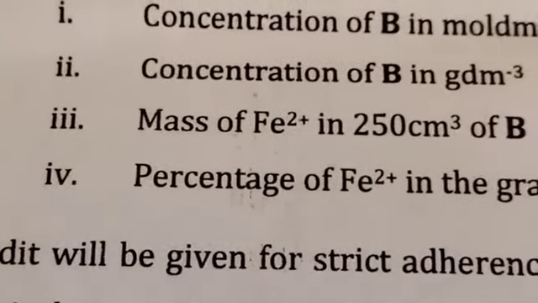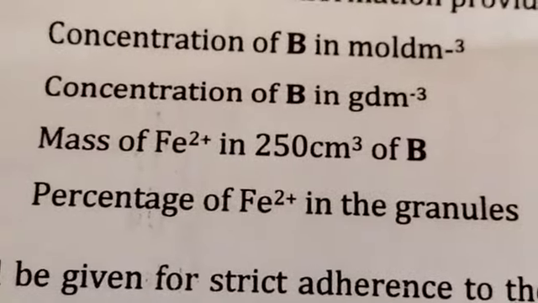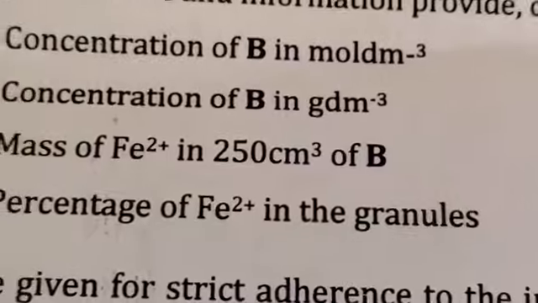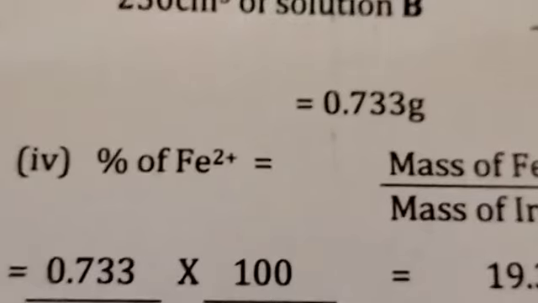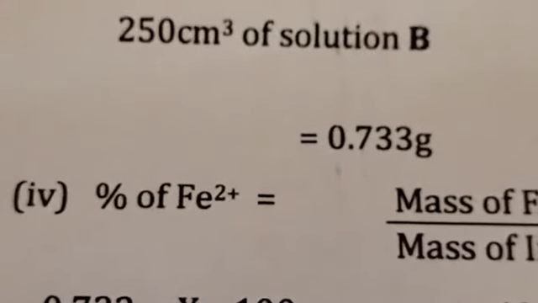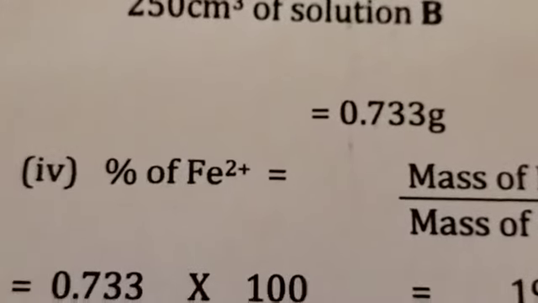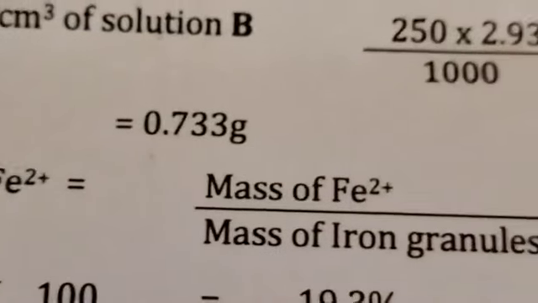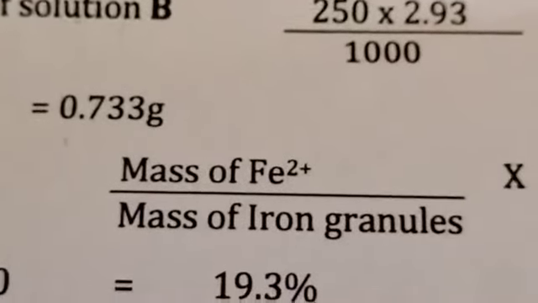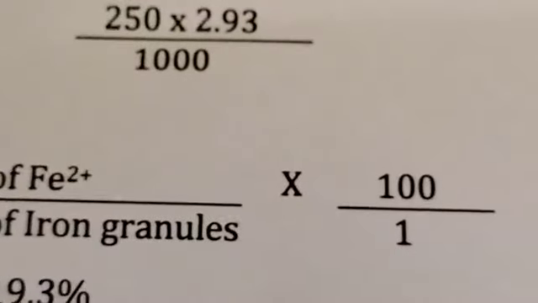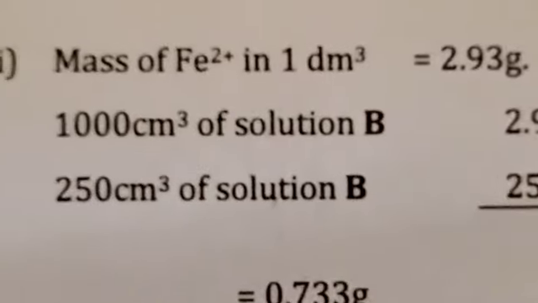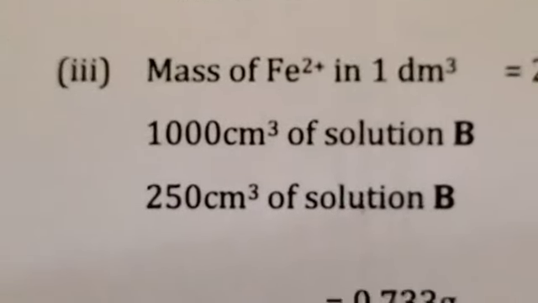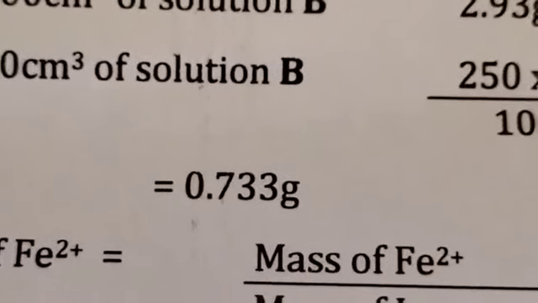Question IV says percentage of iron 2 in the granules. So question IV, percentage of iron 2 is given by mass of iron 2 all over mass of iron granules times 100 over 1. Mass of iron 2 is the one you got in question III, which is 0.733 gram.